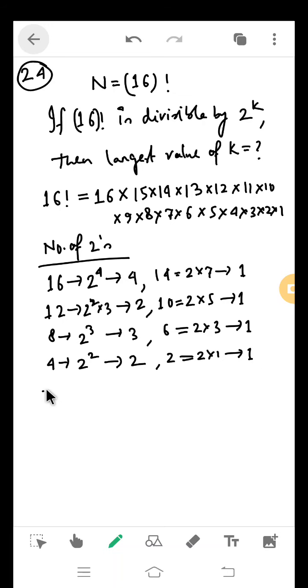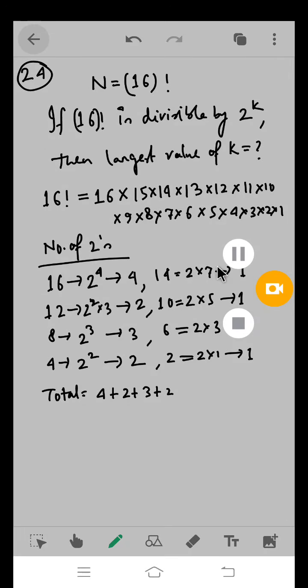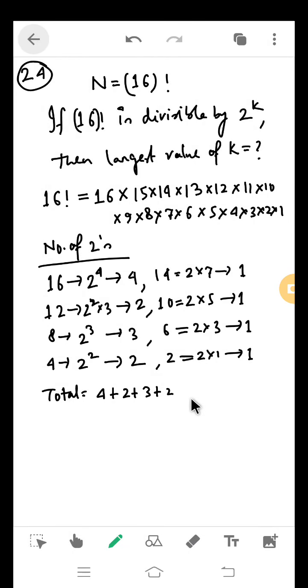So टोटल कितना हो गया? टोटल 2 हो गया. 4 plus 2 plus 3 plus 2, 1 plus 1 plus 1 plus 1. 11, 11 plus 4, 15.